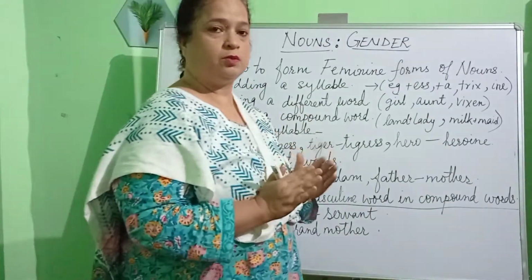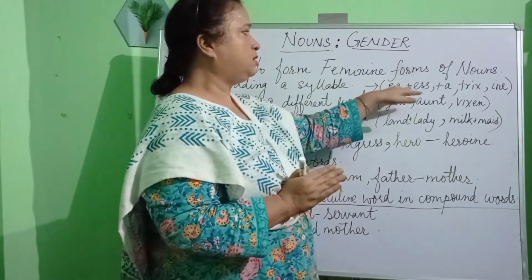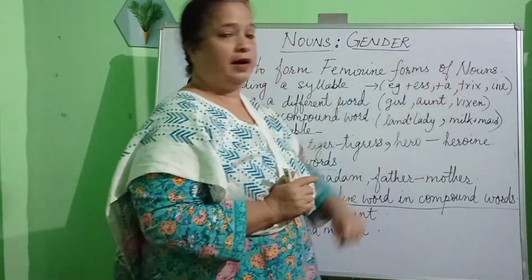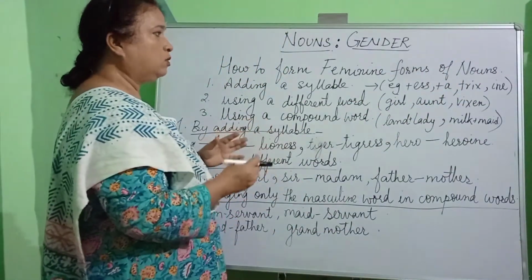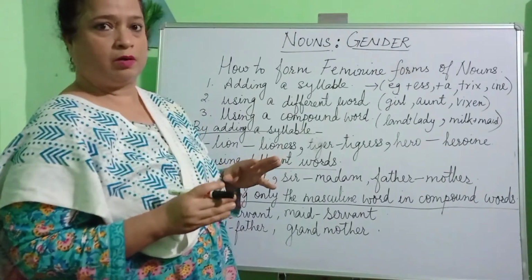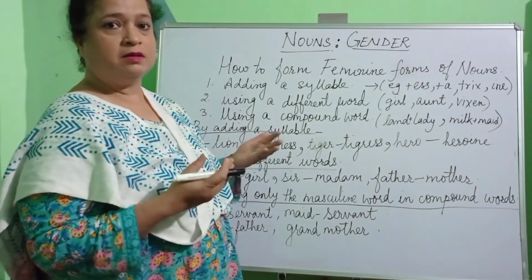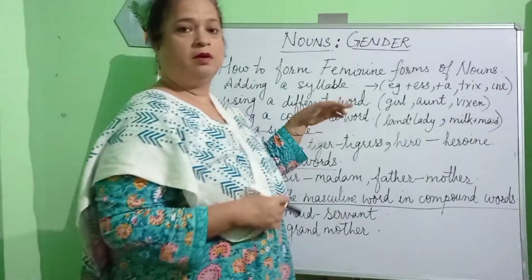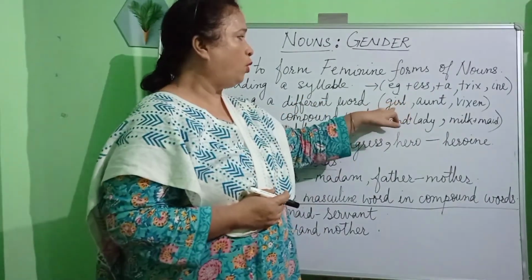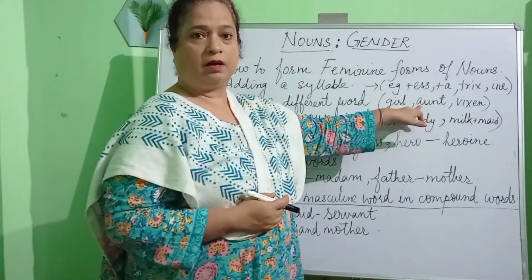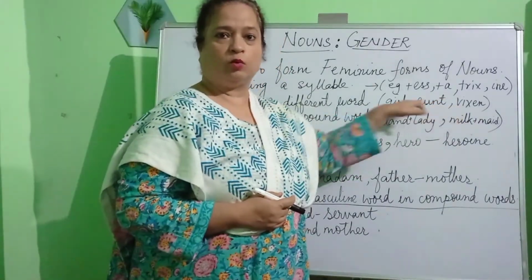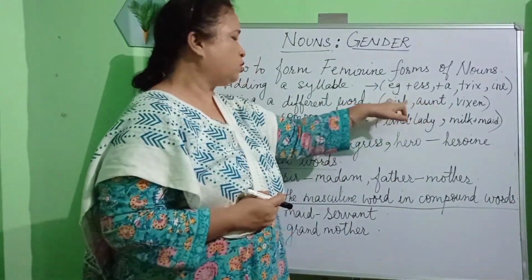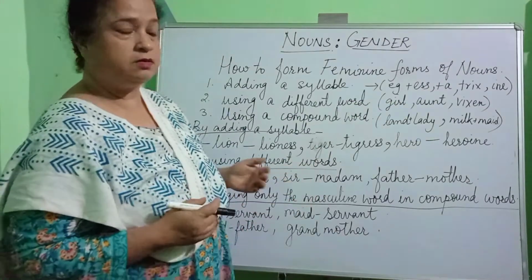That means whatever word you have, we can add ess, a, trix or ine. So these are all syllables. When added to a noun, it gives us the feminine gender. Now using a different word: father, mother, boy, girl, uncle, aunt, fox, vixen. Over here I have used different kinds of nouns or words to make the feminine gender.